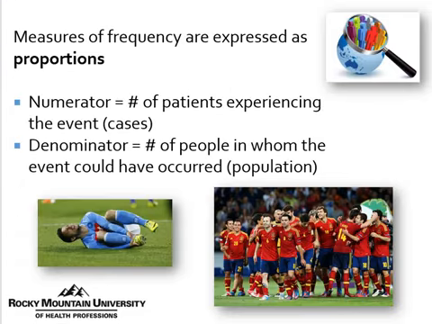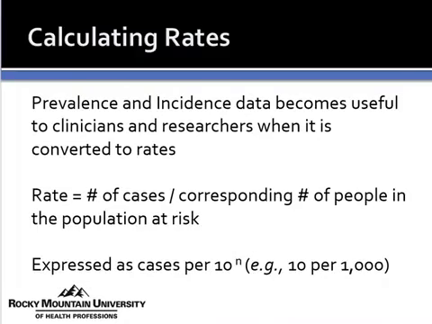Now, measures of frequency are expressed as proportions. In the numerator, that's the number of patients experiencing the event. Those are our cases. And in the denominator, that's the number of people in whom the event could have occurred. Prevalence and incidence data become useful to clinicians and researchers when it is converted to rates.